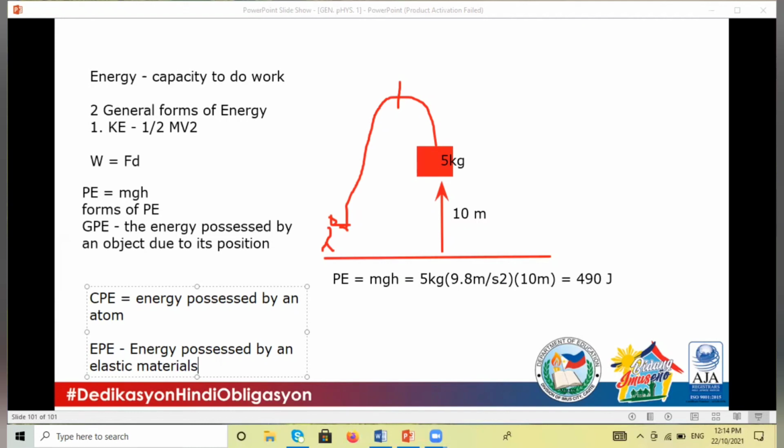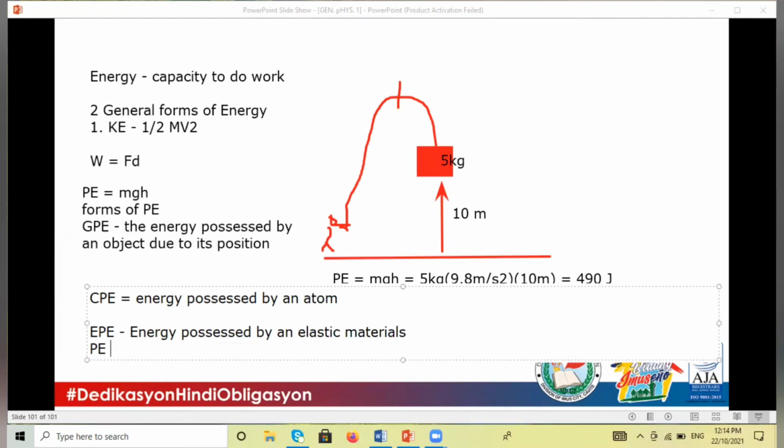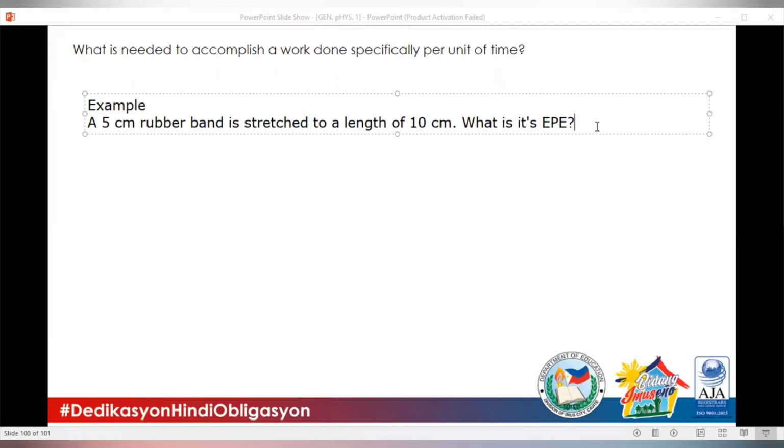So the elastic potential energy is calculated by 1/2 K times D squared. Suppose you are given with this example, a 5 centimeter rubber band is stretched to a length of 10 centimeter. What is its elastic potential energy?